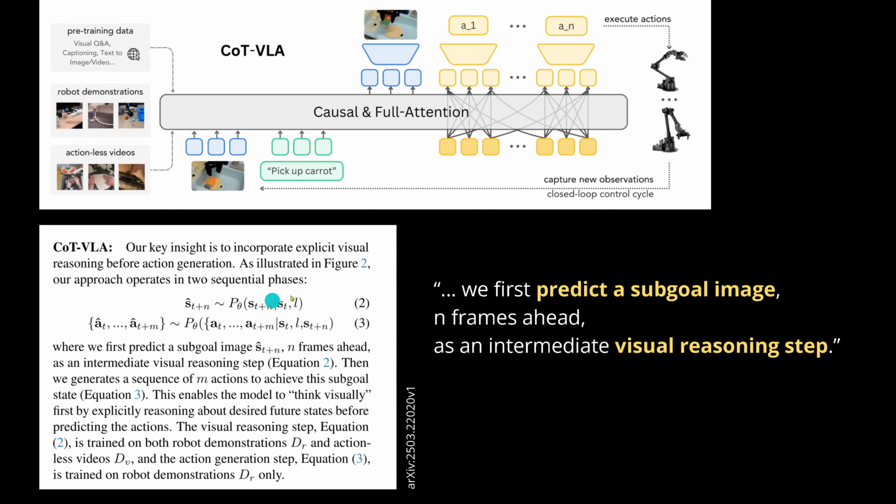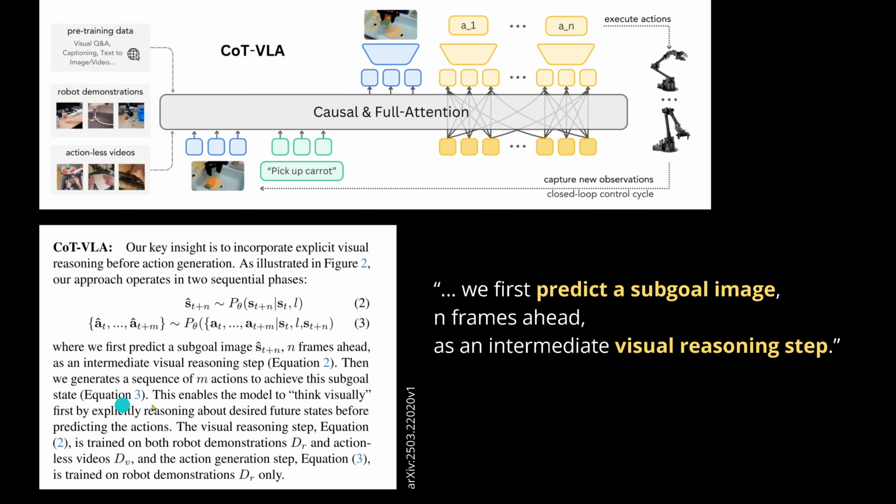How do you do this? They have two phases. At first, we predict a sub-goal image, let's say 2-3 frames ahead, as the intermediate visual reasoning step. And then, if we have these intermediate visual reasoning steps, we generate a sequence of M actions to achieve this sub-goal.